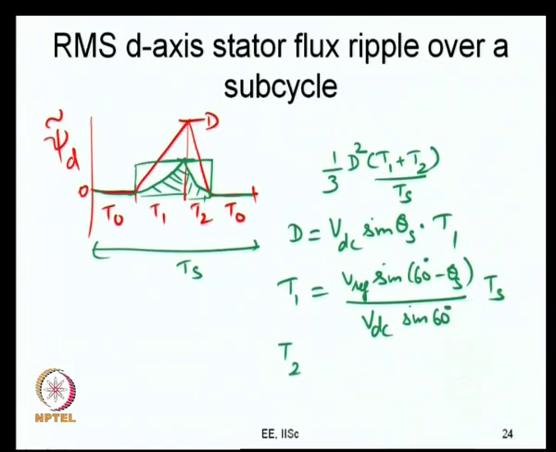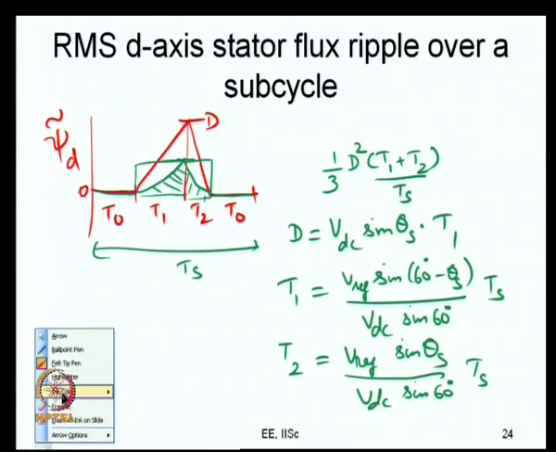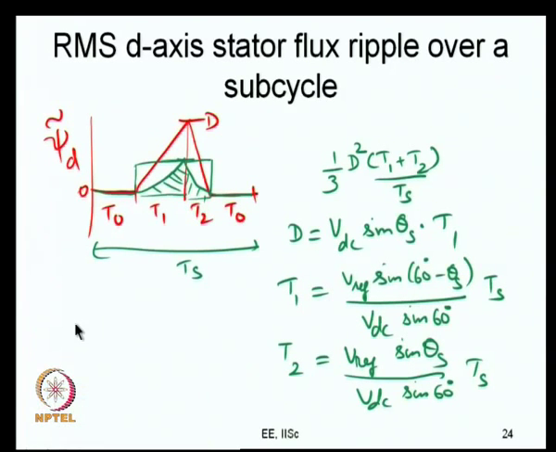Similarly, you have T2 equals V reference sine of theta s divided by VDC sine 60. These are things which we did earlier in the earlier classes. So, you can see that everything is a function of just 3 quantities: V reference, theta s and Ts.